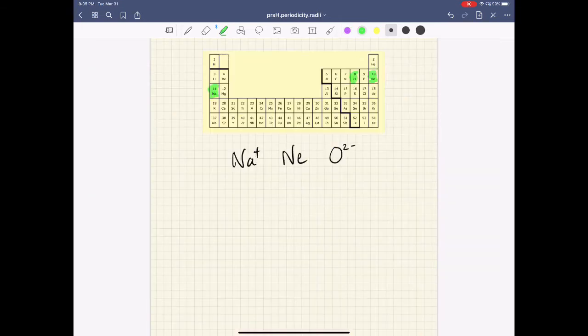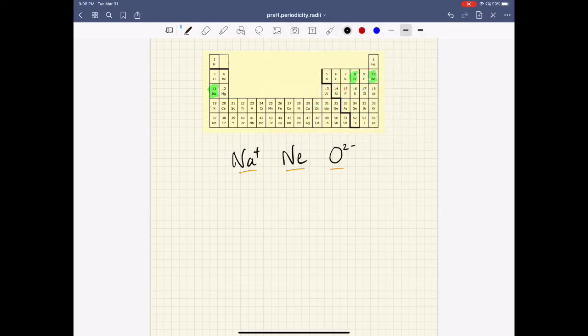Now let's take a look at a series of particles that include a cation, sodium, and a neutral atom, and an anion, oxygen 2-. First thing we should take a look at is the number of electrons.